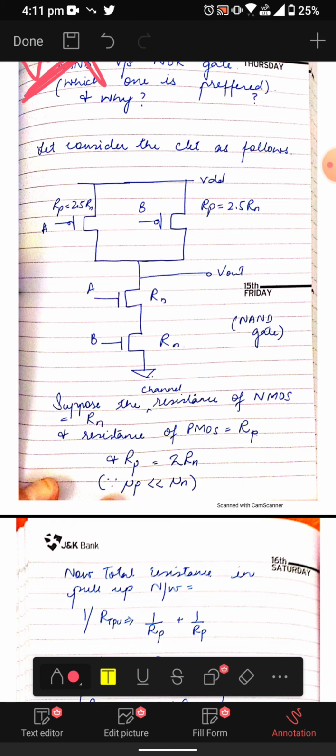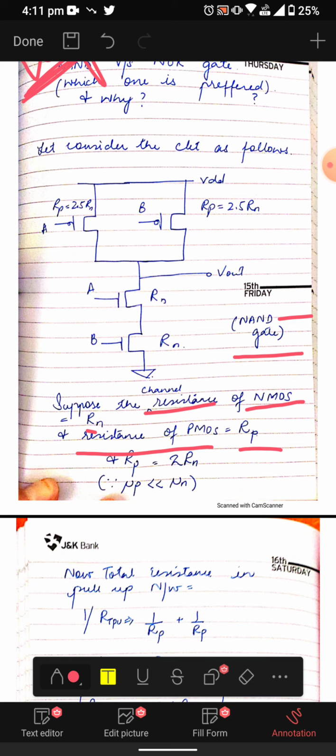So this is the NAND gate. We have done it just now. Suppose the channel resistance for NMOS is Rn, and the resistance of PMOS is Rp. Rn is the channel resistance for NMOS transistors, and Rp is the channel resistance for PMOS transistors.